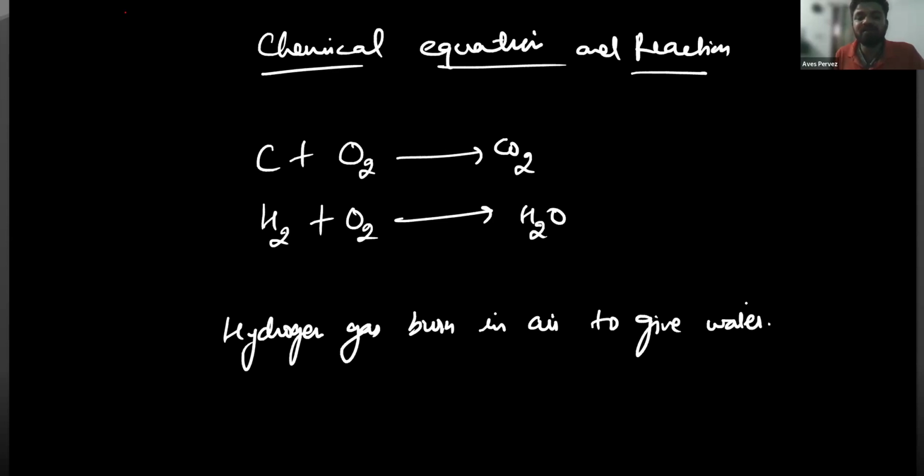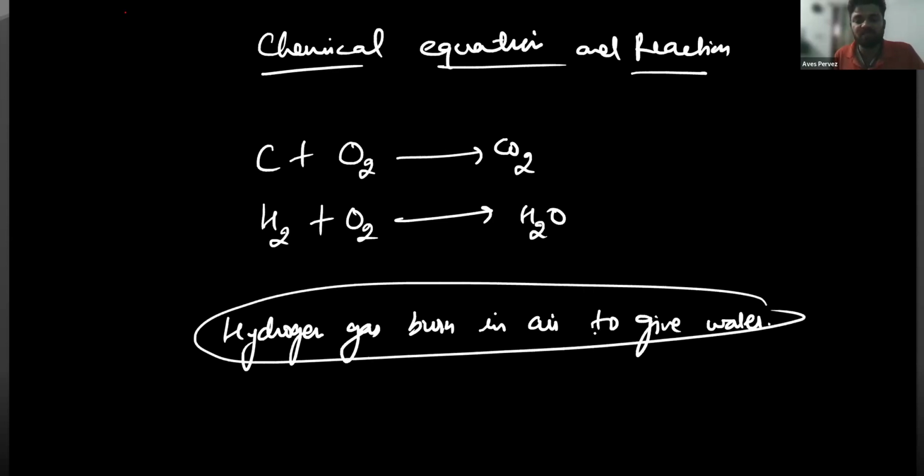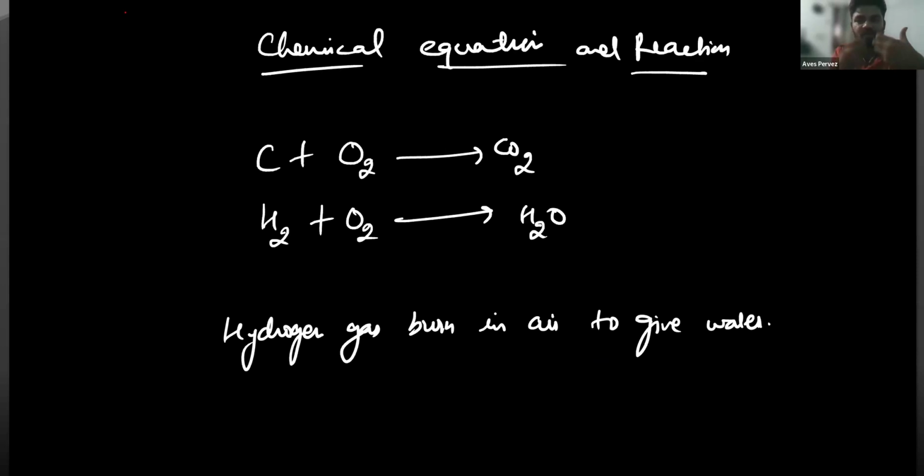If you write this chemical change in terms of symbols and formula, then we will consider it as a chemical equation. So writing a chemical change in terms of symbols and formula is called a chemical equation. You understood? For example, H2 plus O2 gives you H2O.